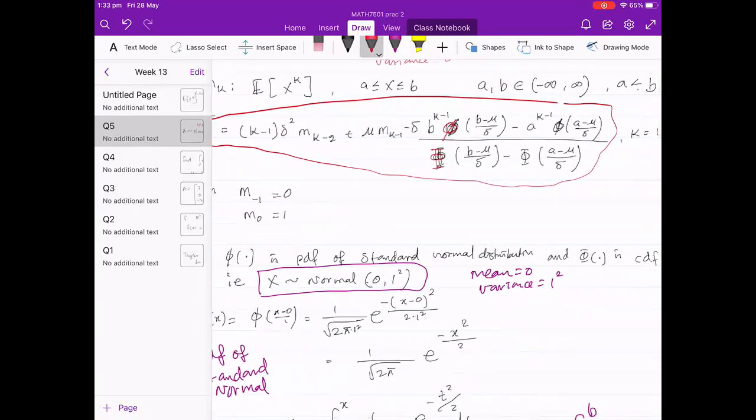Remember that for the standard normal, the mean is 0 and the variance is 1.